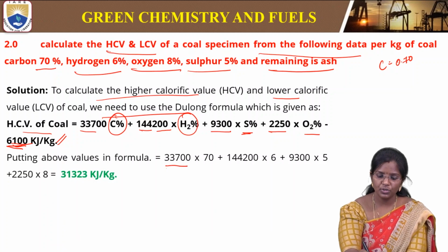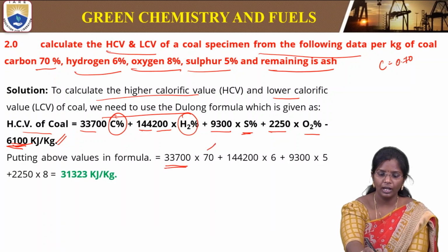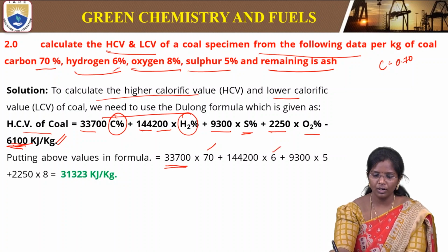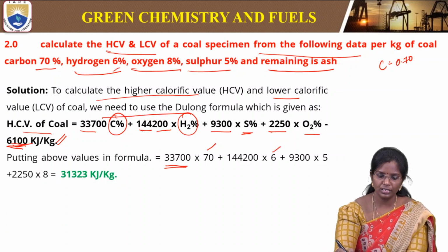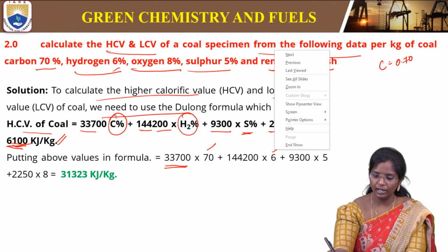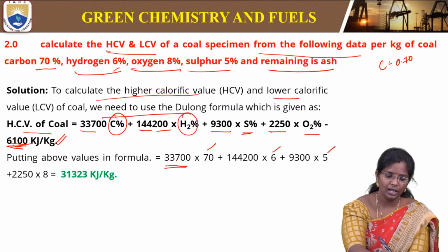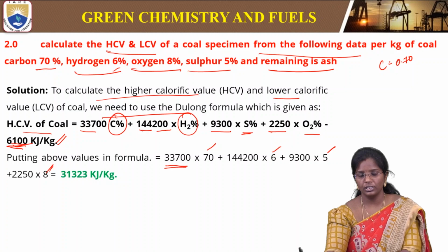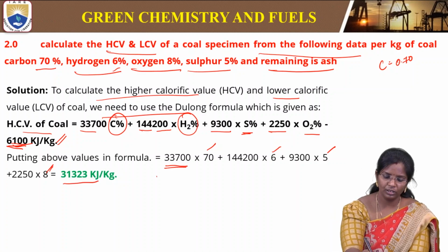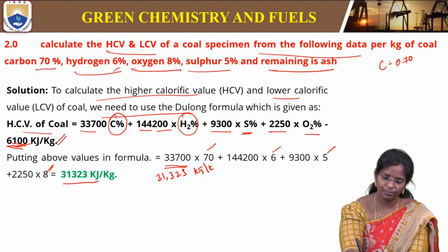Now substitute the values: carbon 70, hydrogen 6, sulfur 5, and 8 for the oxygen, and we get the value 31,323 kilojoules per kg.